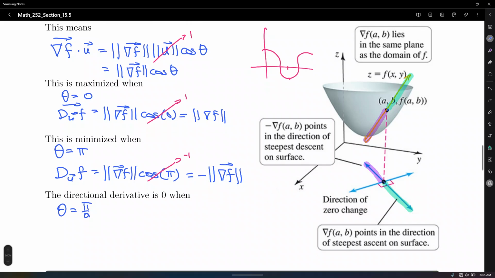That means the magnitude of nabla of f times cosine of pi over 2, which is 0. But why do we want to know these values? Why are we looking at every single case? Interesting.